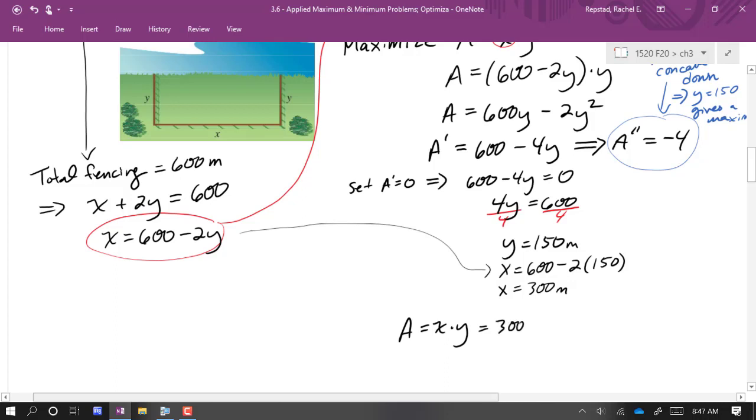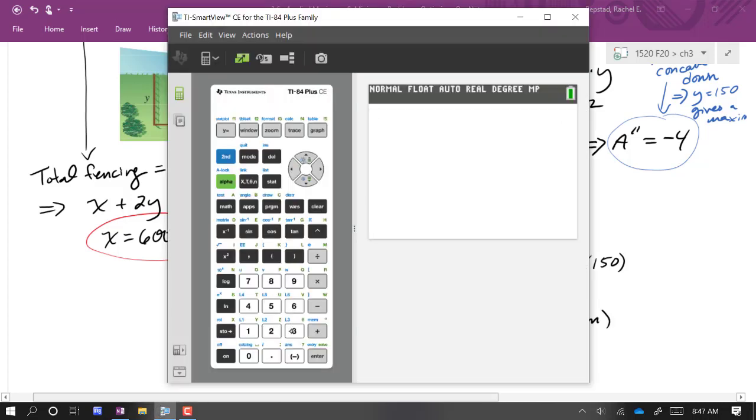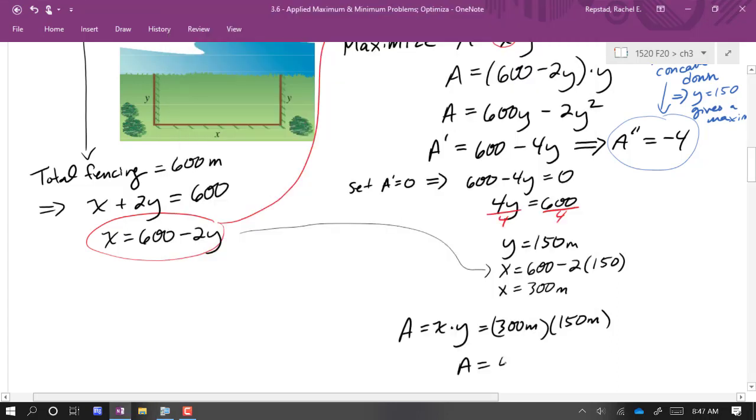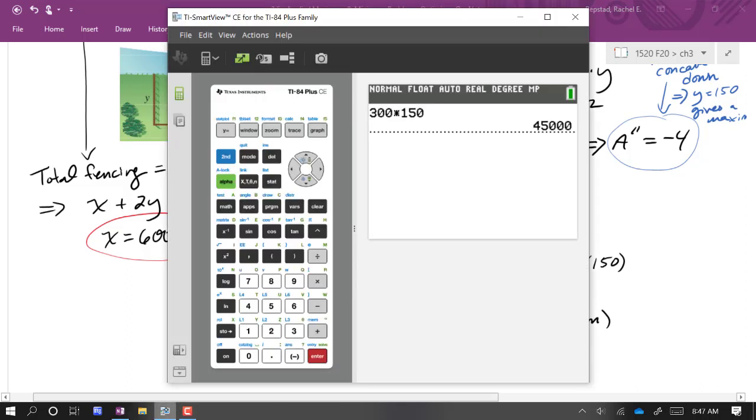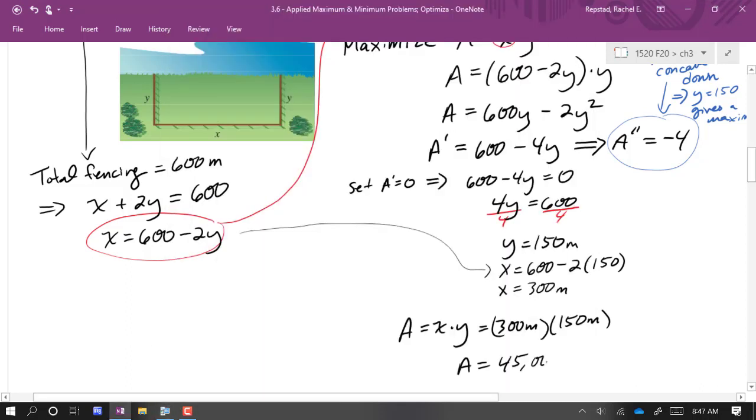So that's 300 meters times 150 meters. And we get 45,000. 45,000 square meters. That is the maximum possible area.